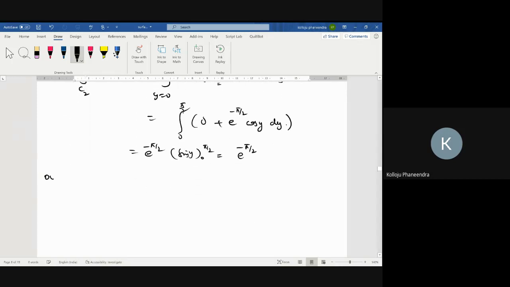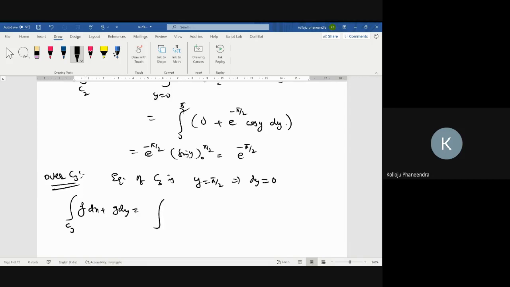Now over C3. The equation of C3 is parallel to the x-axis, so y equal to pi by 2 and dy equal to 0. The integral over C3 of f dx plus g dy, going anti-clockwise, has x varying from pi by 2 to 0.